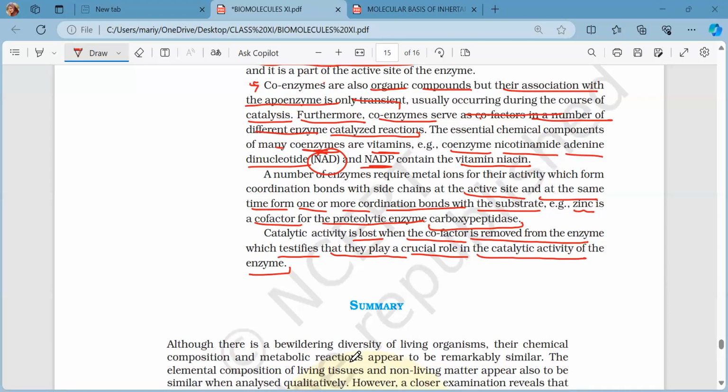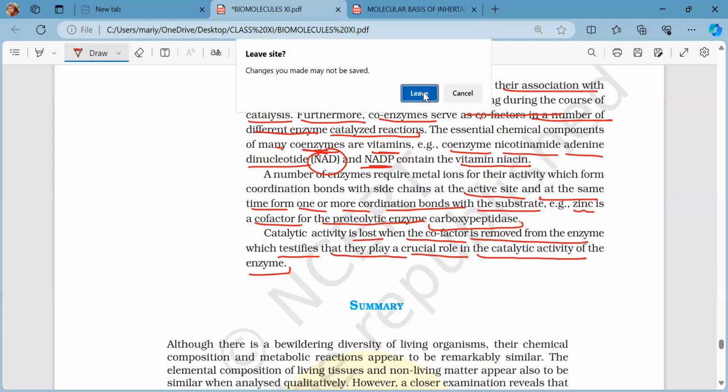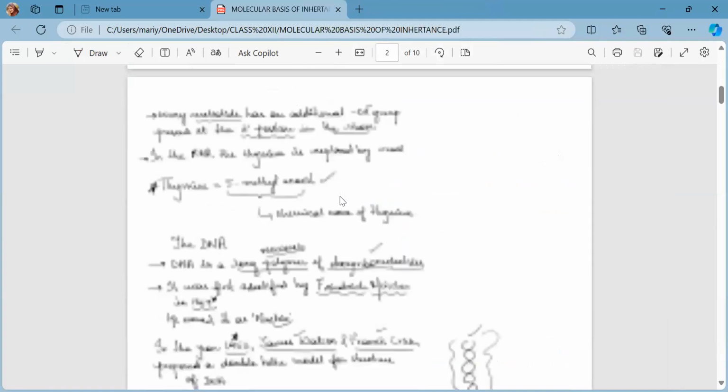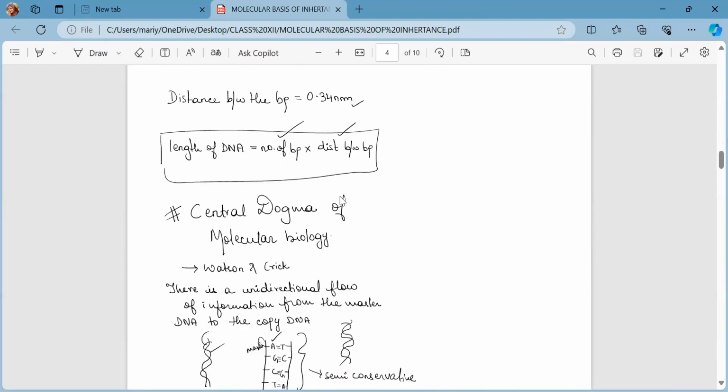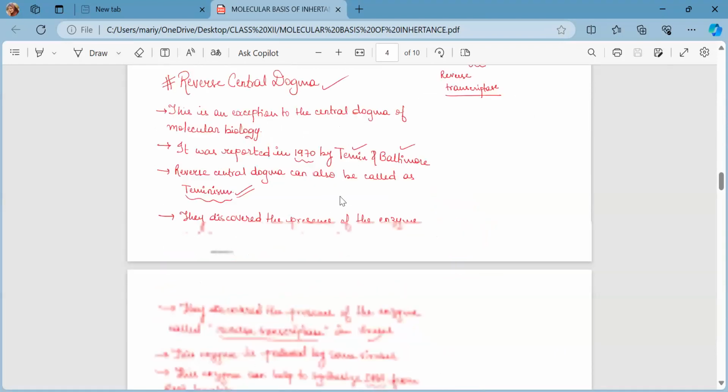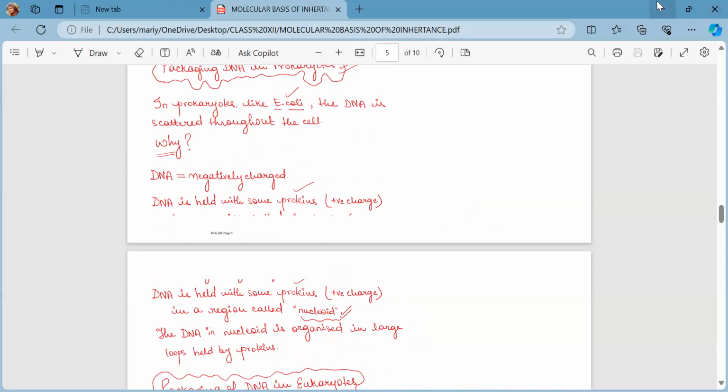Yes, students, any doubts? No, ma'am. Okay, so now we're going to start with the molecular basis of inheritance. Just one second. These look like my notes.